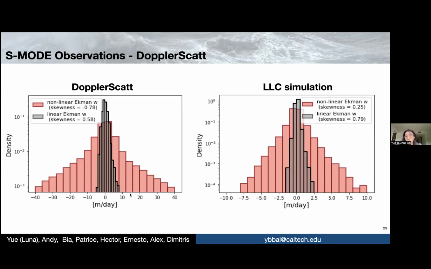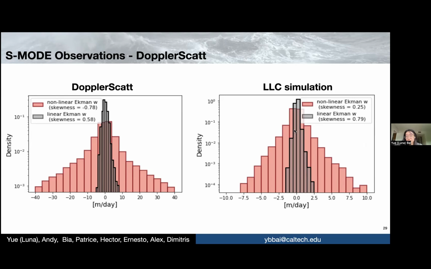They are skewed to the right, which means they have a longer tail on the positive end. But for the magnitude, the Doppler scat observations are just 4 or 5 times stronger than what we can recover from the LSC simulations.